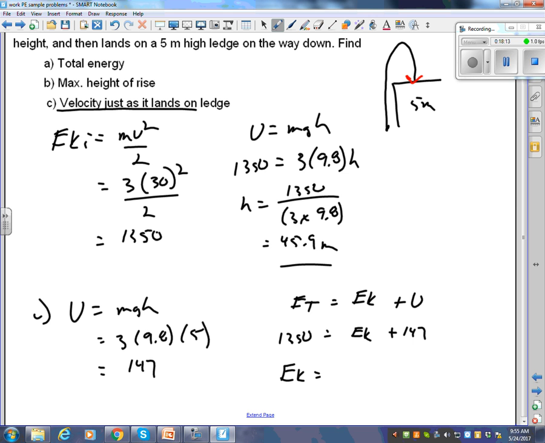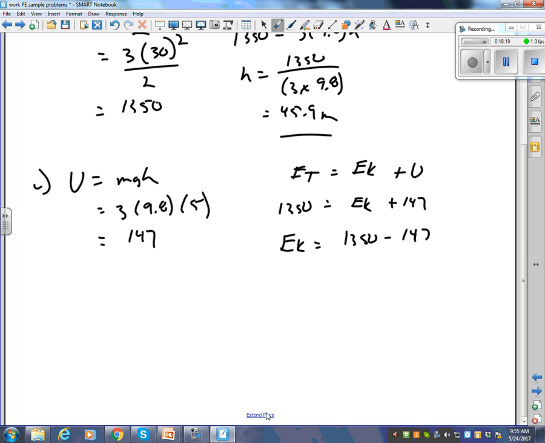So the EK is going to be 1350 minus 147. 1203.